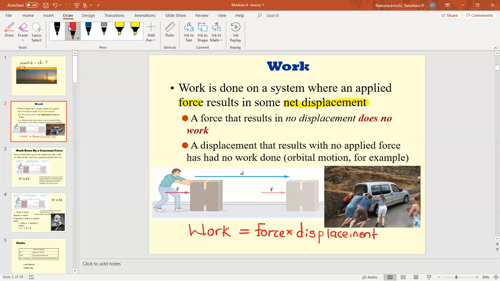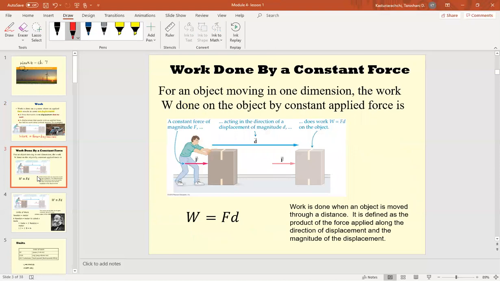This is correct, but I need to be more specific, because in the next slide I will give a more specific definition. This is correct, but it is not the general definition.